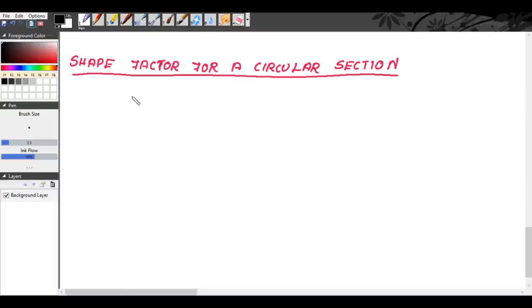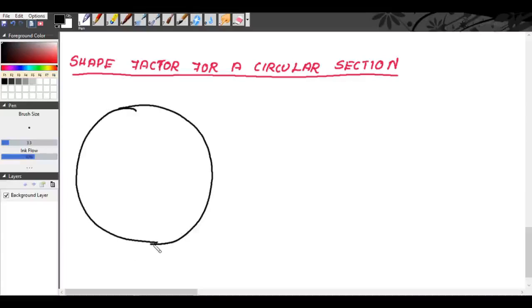So for that we will take a circular section. Let us take a circle of diameter d. So the neutral axis of a circle will pass through the center of the circle. Let us take the center of the circle as O. So this is the neutral axis.